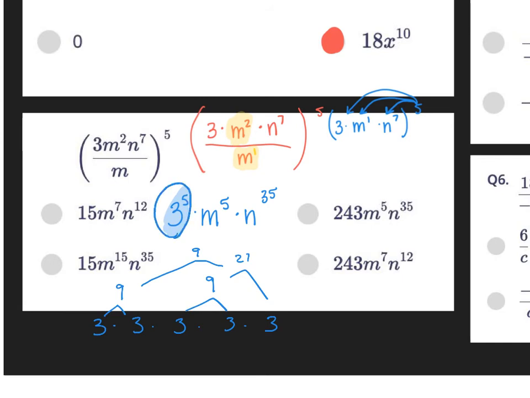So 3 to the 5th power is the same as 243. So it's not going to be this one or this one. And then we have m to the 5th power, this one right here, and n to the 35th power, this one right here. So this is our answer for this question.